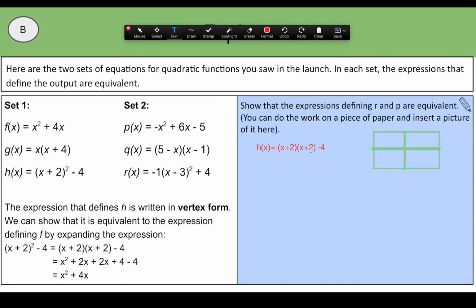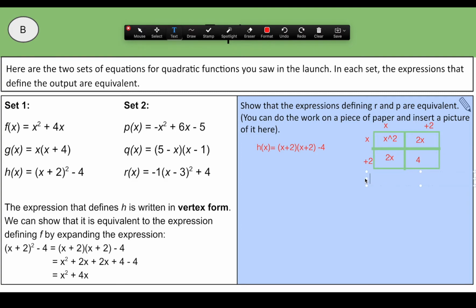So I'm going to put that in there. We're just focusing on this part right now, this x plus 2 times x plus 2. I'm going to put x plus 2 and x plus 2. X times x is x to the second power. I'm just using that caret to represent x squared. X times 2 is 2x. X times 2 is 2x again, and 2 times 2 is 4.